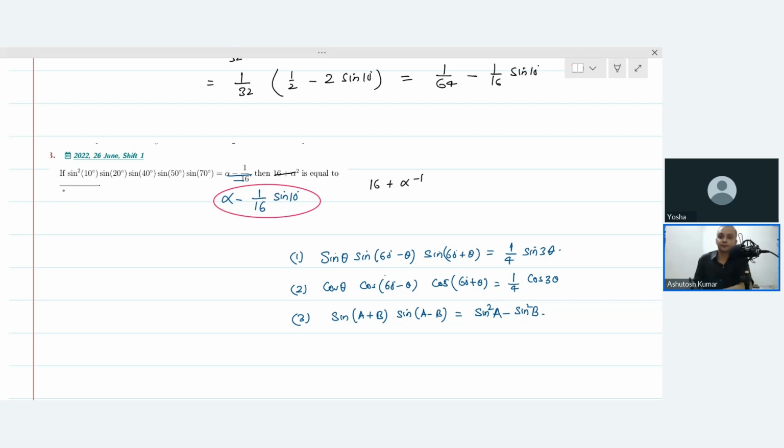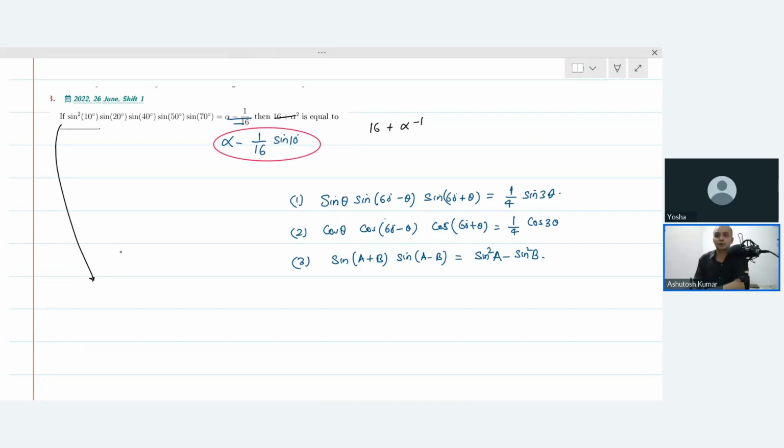So see here, what I'm going to write: as there is 2 sine 10 degrees, means 2 pieces of that, I'm just giving it like this: sine 10 degrees, sine 20 degrees, and sine 40 degrees together. And then sine 10 degrees, sine 50 degrees, and sine 70 degrees together.